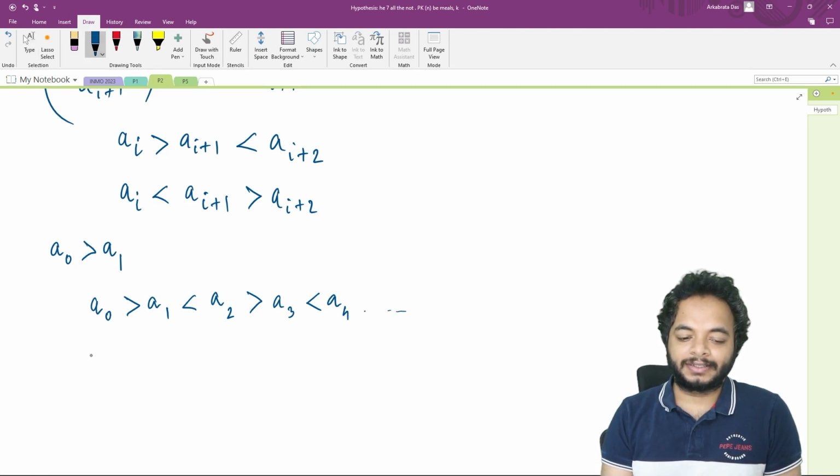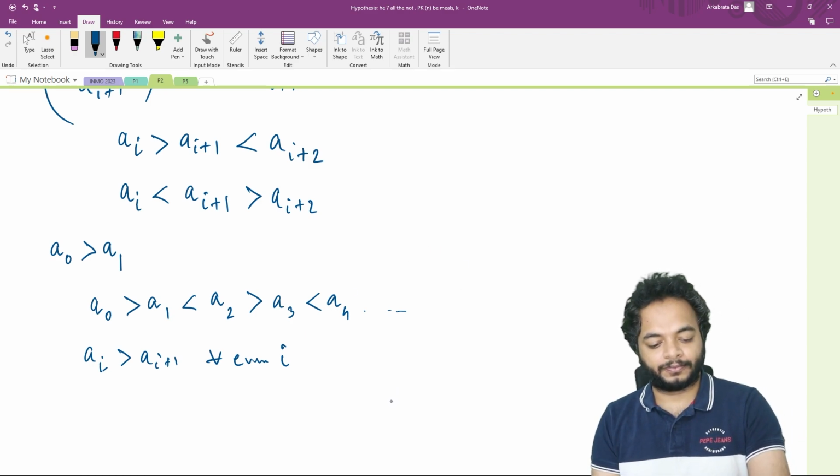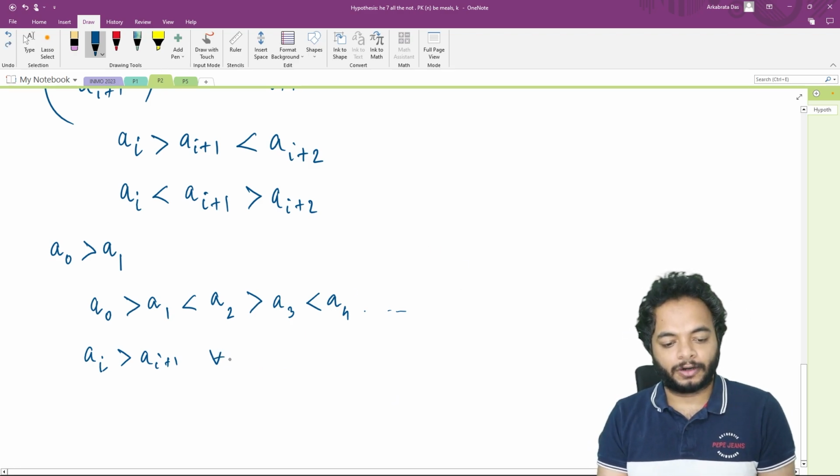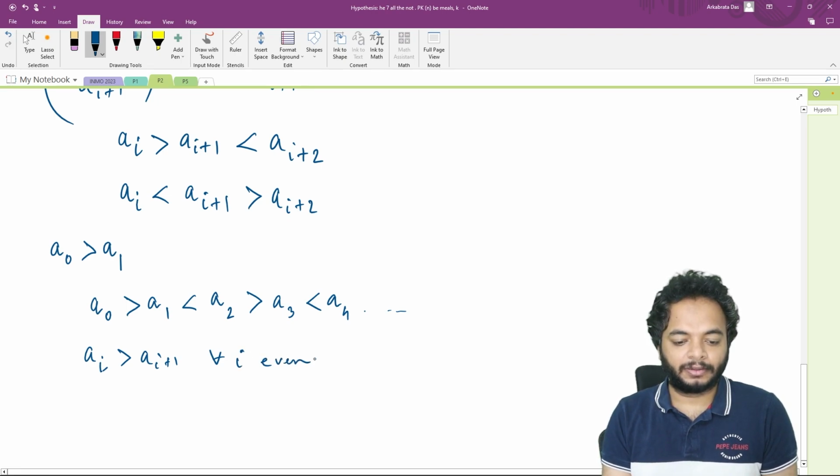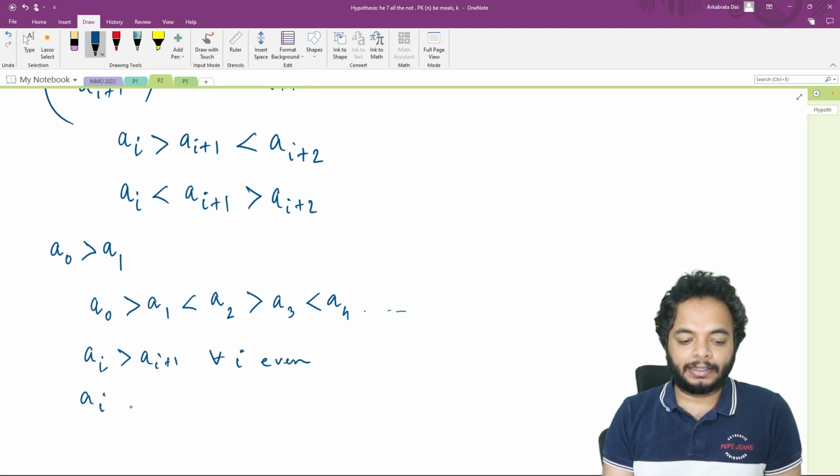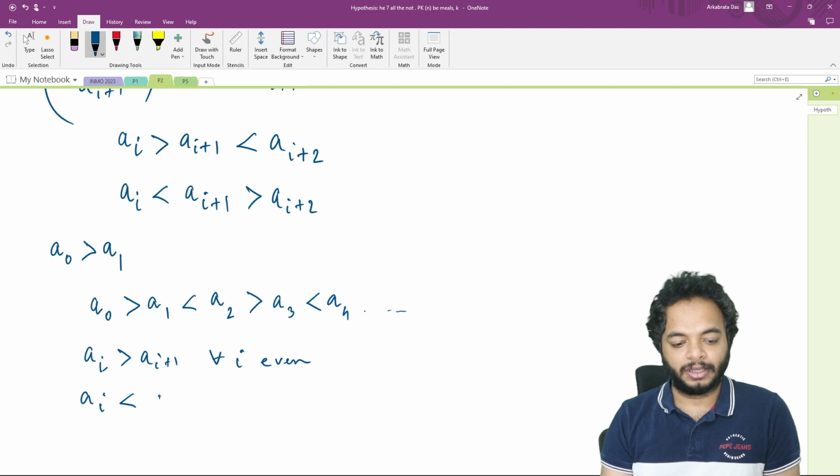So what you observe here is that ai is greater than ai plus 1 for all i even. For the odd coefficients, suppose let's take a3, so a3 is lesser than a4, so ai is less than ai plus 1 for all i odd.